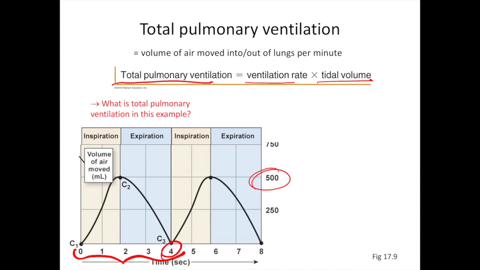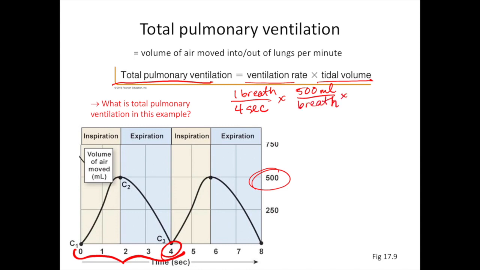So for a ventilation rate, we're going to say one breath per 4 seconds, and multiply that by our tidal volume, which is 500 milliliters per breath.